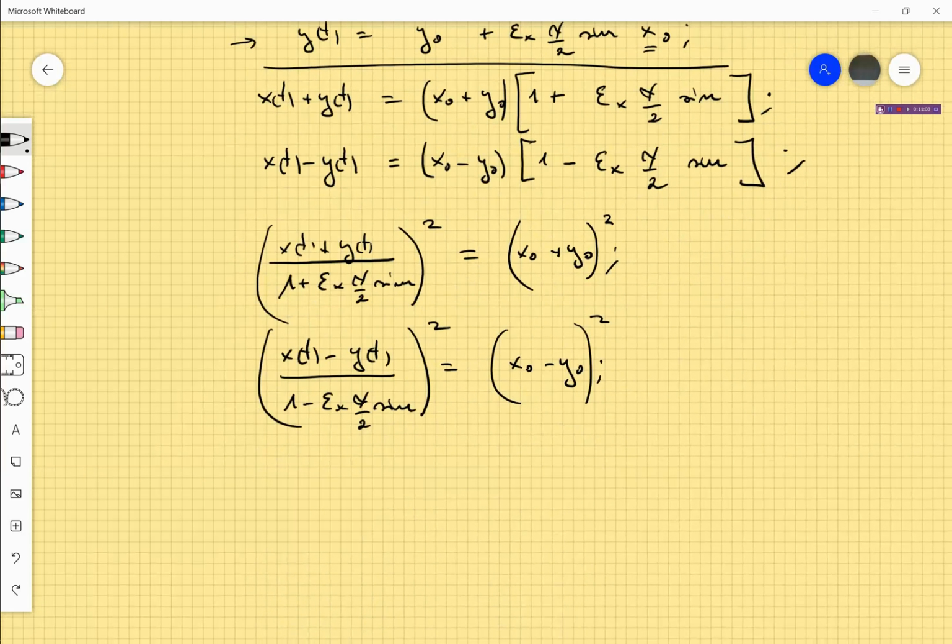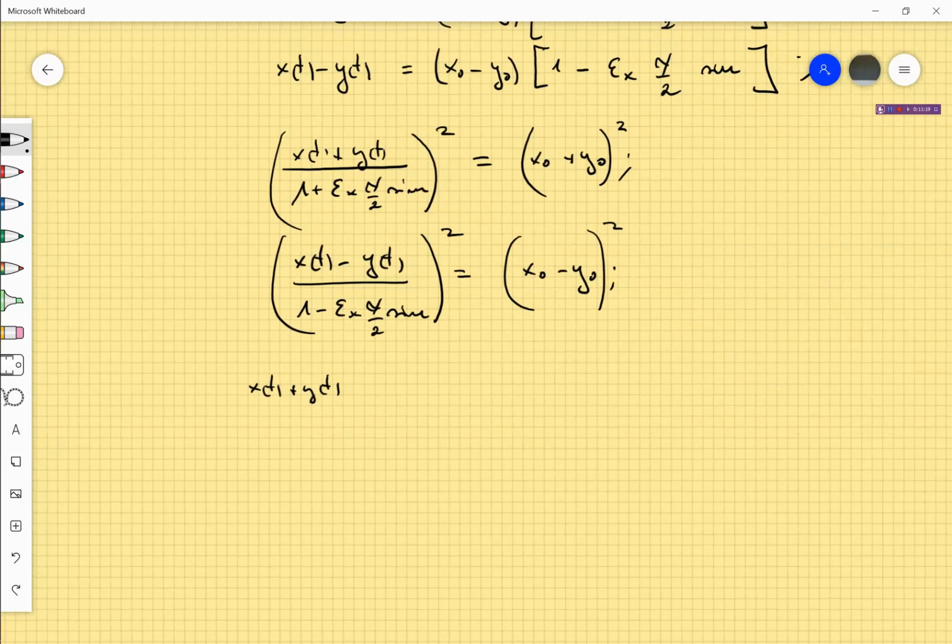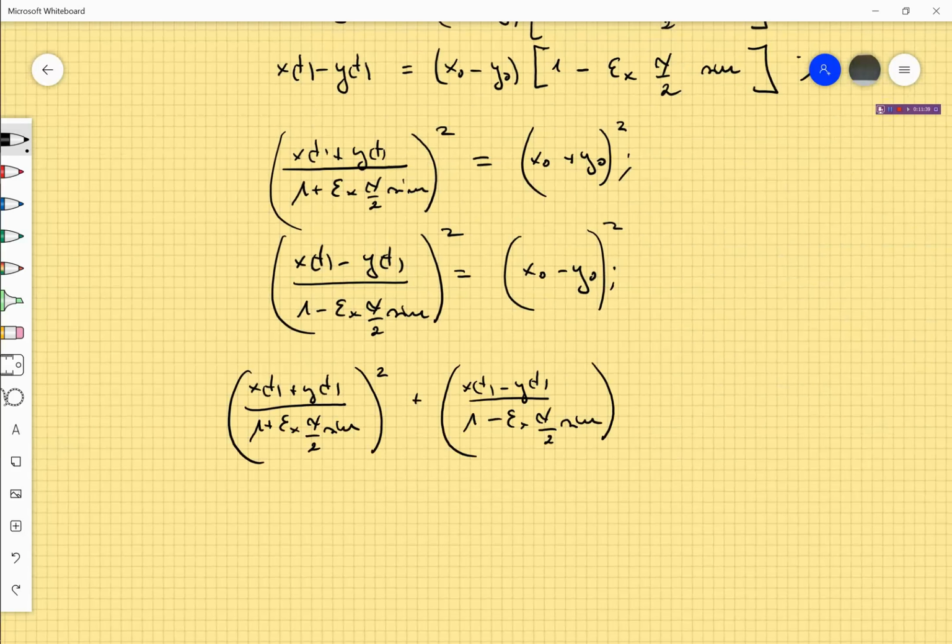Now we sum, and we have x of t plus y of t divided by 1 plus epsilon x chi over 2 and this sine, squared, plus x of t minus y of t divided by 1 minus epsilon x chi over 2 and this sine, squared.